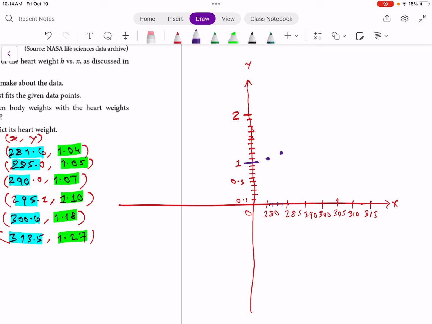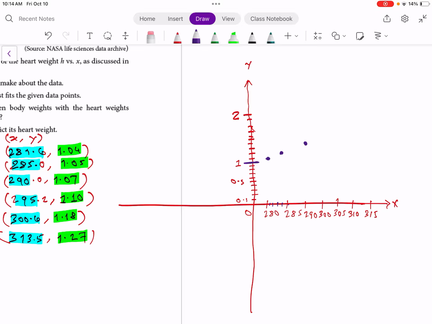So where will that 1.07 be? Slightly above 1.05, right? It's okay if you do not have a perfect one, but since 1.07 is bigger than 1.05, this will be slightly above this point at 290. Okay, so we have 290 here and slightly above, and that is our third point.